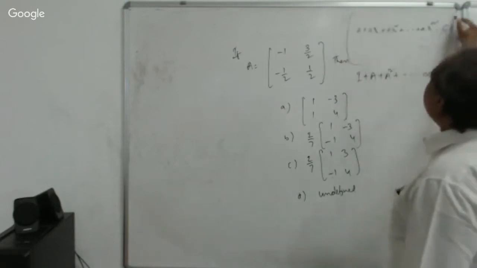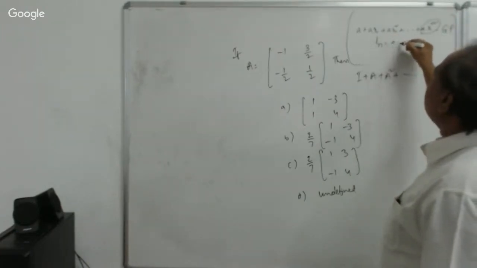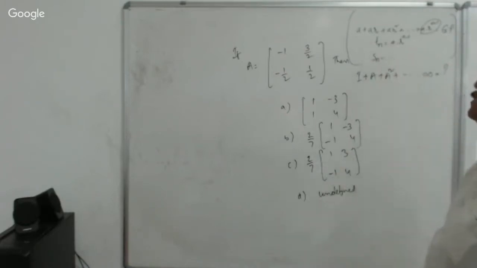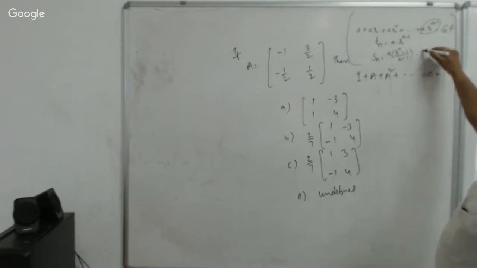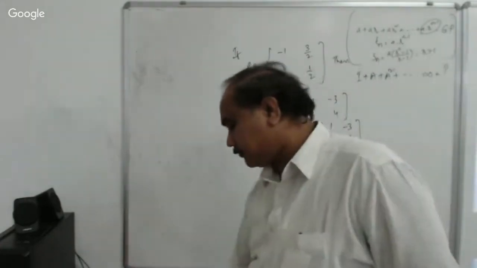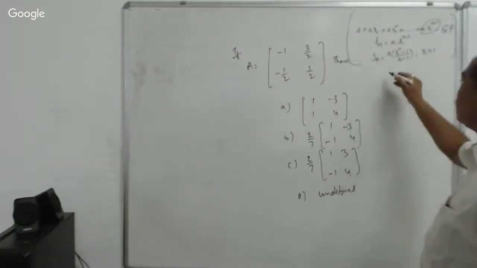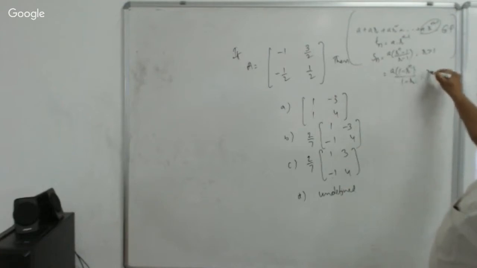In a GP series, the nth term is A into R power n minus 1, and the sum of n terms equals A into (R power n minus 1) by (R minus 1) if R is greater than 1, and A into (1 minus R power n) by (1 minus R) if R is less than 1.